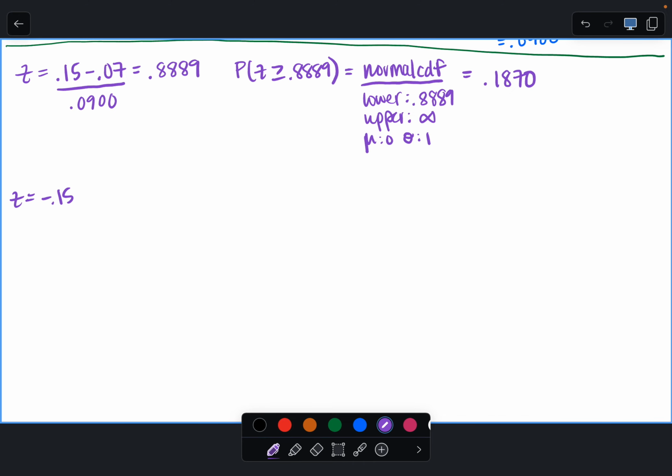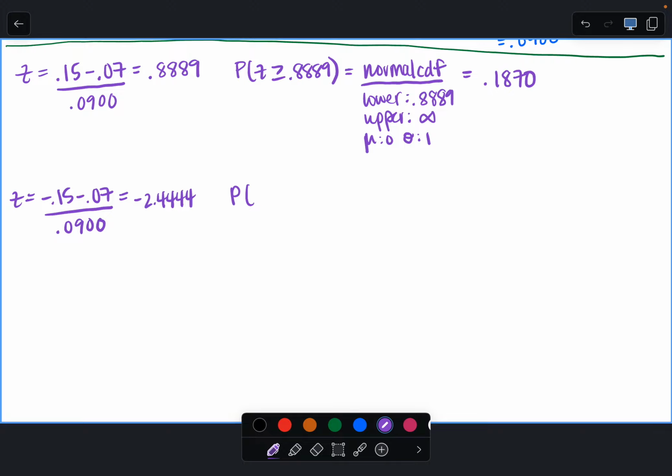Now, for the second calculation, because we do have 2 probabilities for this particular question, I'm going to take negative 0.15 minus 0.07 all over 0.0900, and this is going to give me a z-score of negative 2.4444. Now, this is not a complement, so it's not the same z-score with different signs because we have a different mean and a different standard deviation.